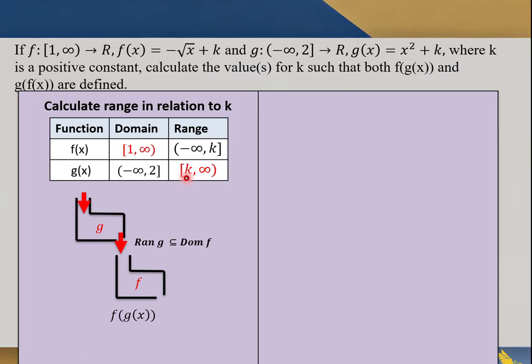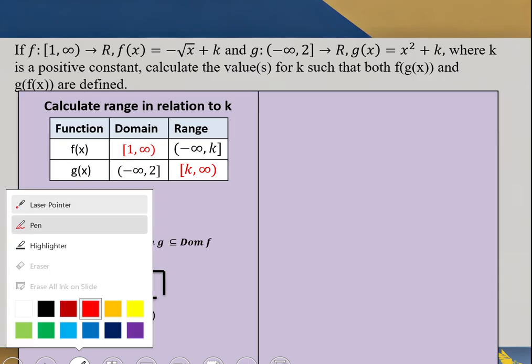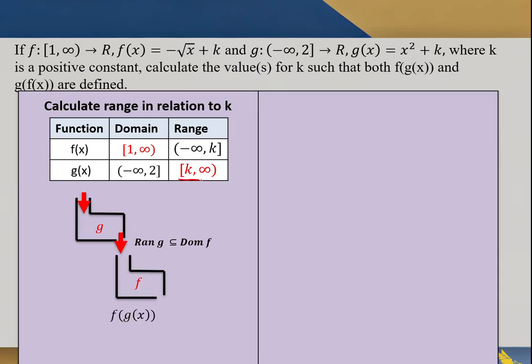So I'm just going to underline the range of g. There's the pen. Okay, so straight away here, this needs to be a subset of the domain of f. So at the moment, for it to be a subset, we need to make k be 1. As soon as it's equal to or greater than 1, it will be a subset.